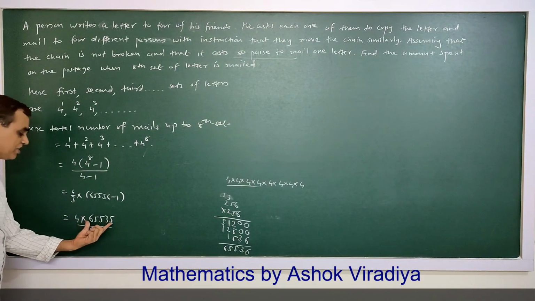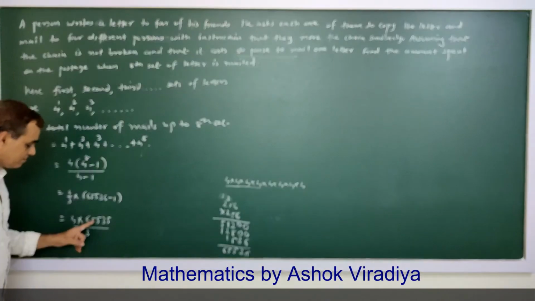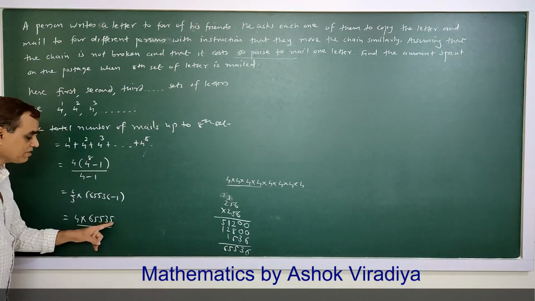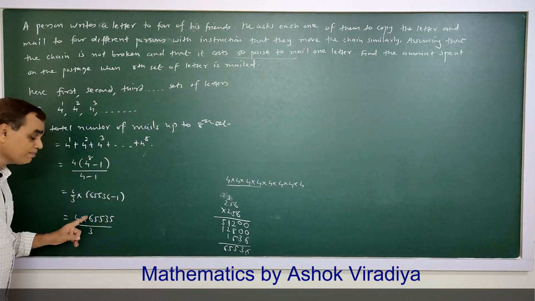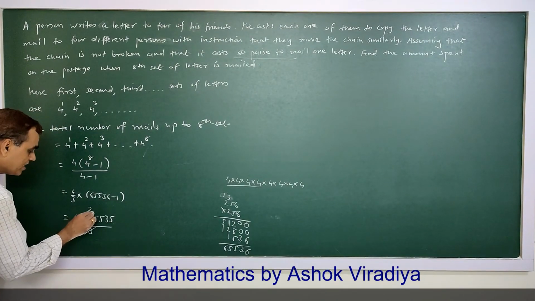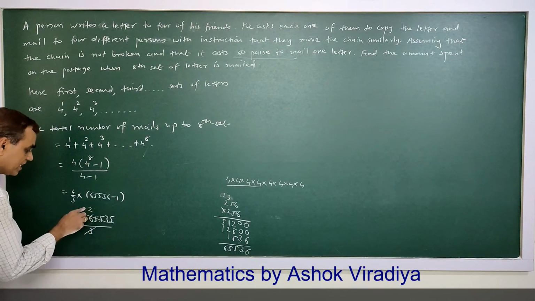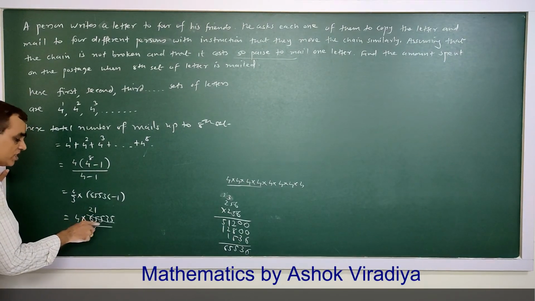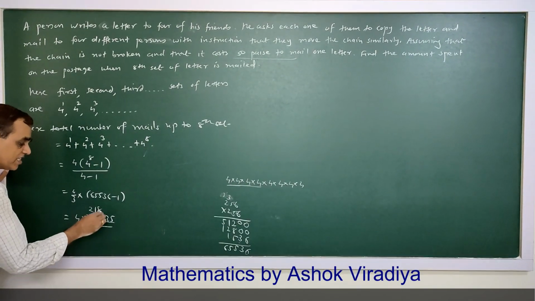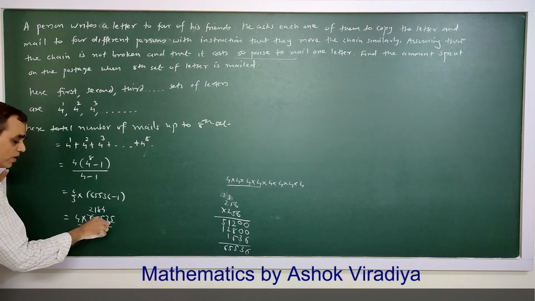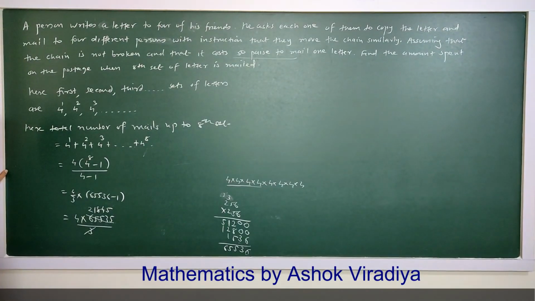Now, is it divisible by 3? Let me check. 5 plus 6, 11, 11 plus 5, 16, 16 plus 3, 19, 19 plus 5, 24. It is divisible by 3. So dividing, this is 21845 into 4.